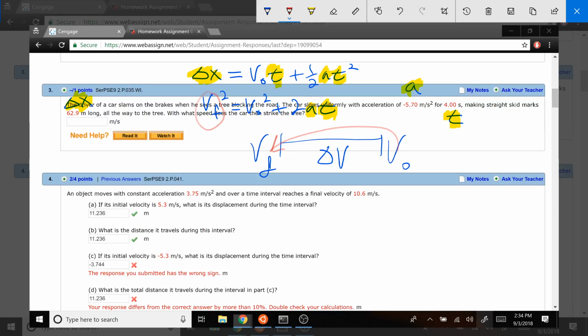That's why I substituted it. Right? Oh, I mean, now that we have this one, solving this equation here is going to give you this one, which now makes this equation solvable.